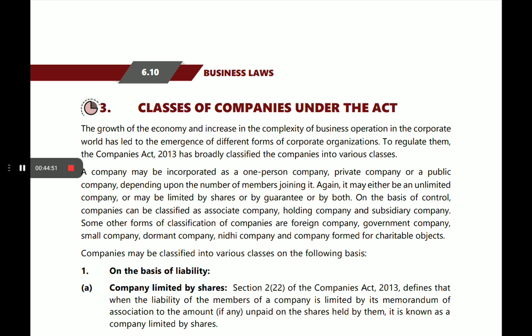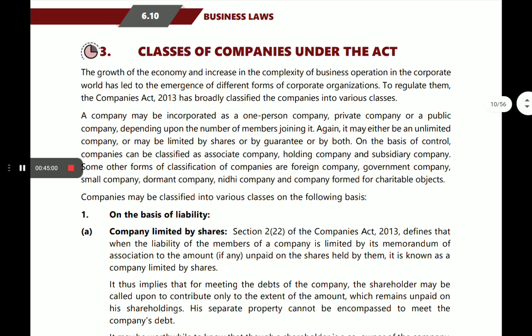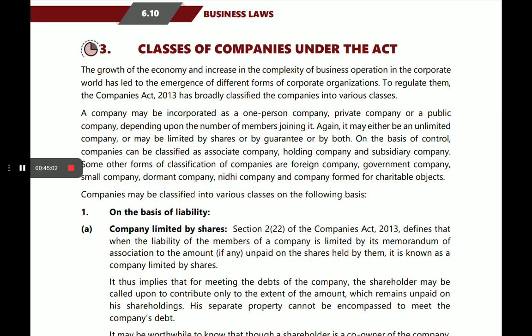To regulate them, the Companies Act 2013 has broadly classified the companies into various classes. A company may be incorporated as a one-person company, private company, or a public company, depending upon the number of members joining it.